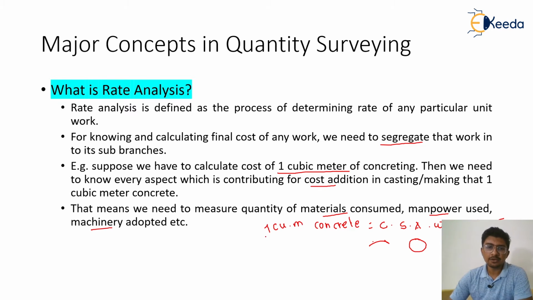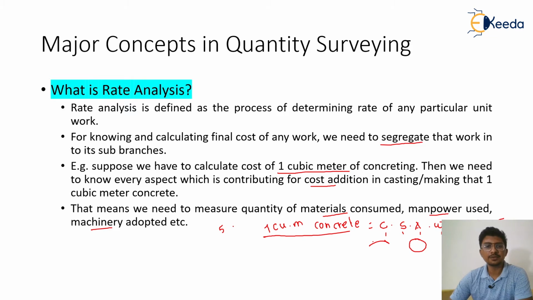So 1 cubic meter of concrete consists of these small parts. They come together and form the final cost of this cubic meter of concrete. That is what rate analysis is all about. Suppose 1 cubic meter of concrete costs around 5,000 to 6,000 rupees.